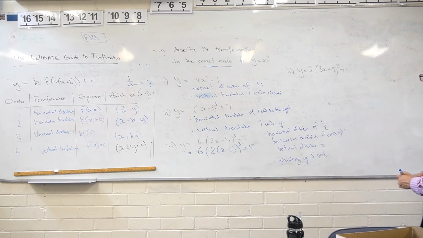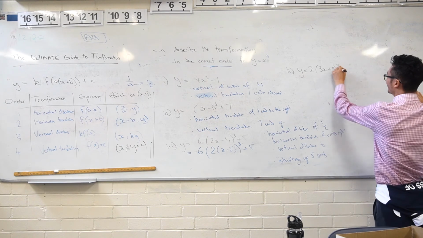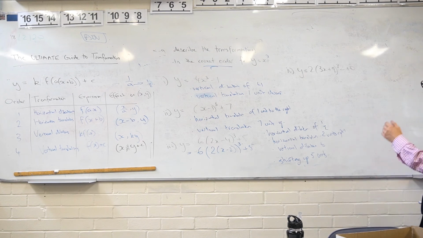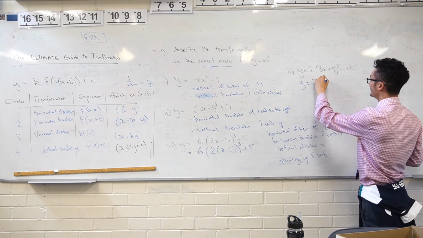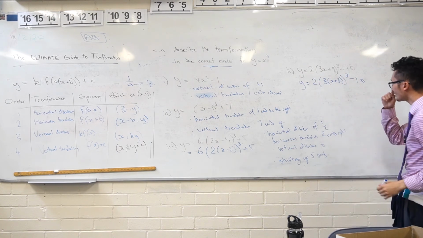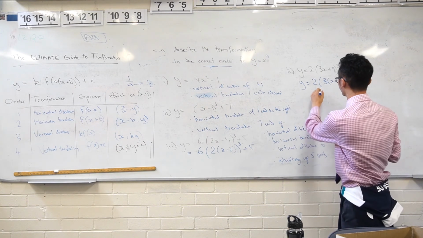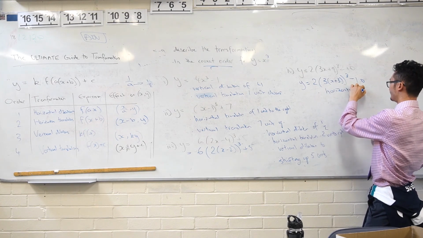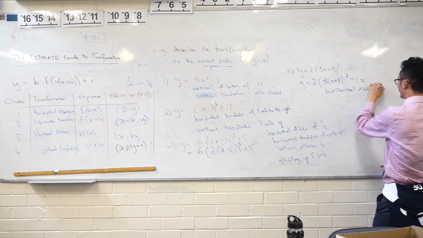All right, last one. That's a really badly drawn 10. Let's fix that up. So last one here, I've got 2 outside of 3x plus 9 all cubed minus 10. Same idea, I'm going to factorize out this 3 that I can see. So x plus 3, and then that's all cubed minus 10. Same idea, what's the first thing that's happening? It's a horizontal dilation, scale factor 1 on 3, because it's 1 on a, whatever the a value is.